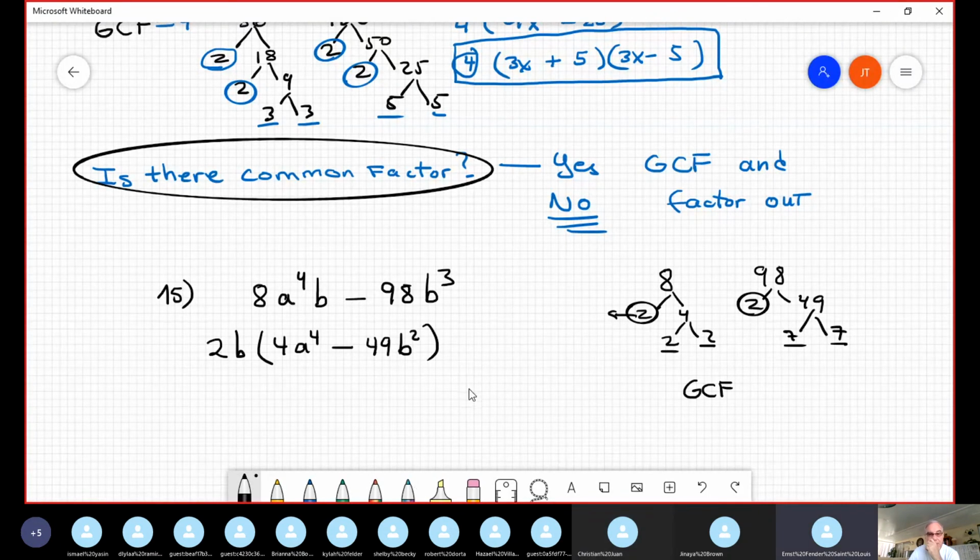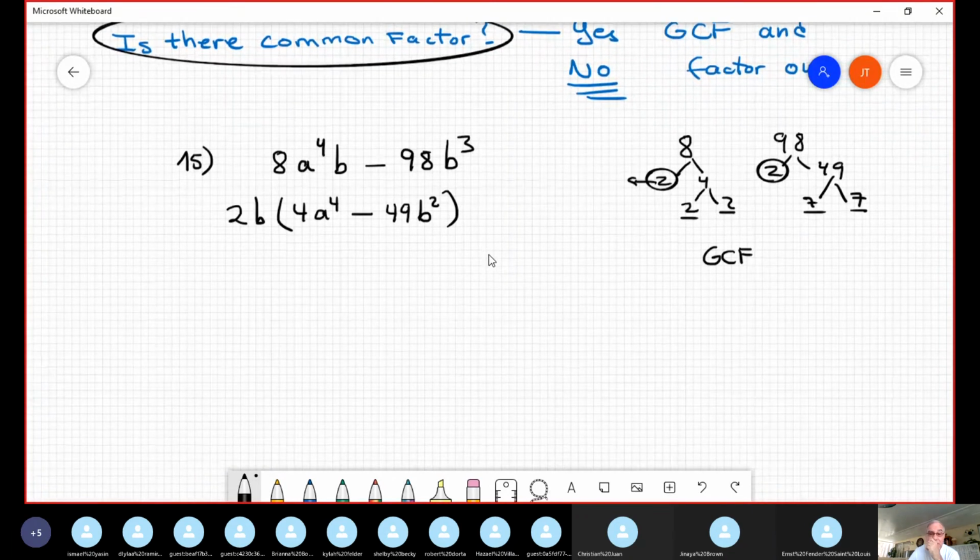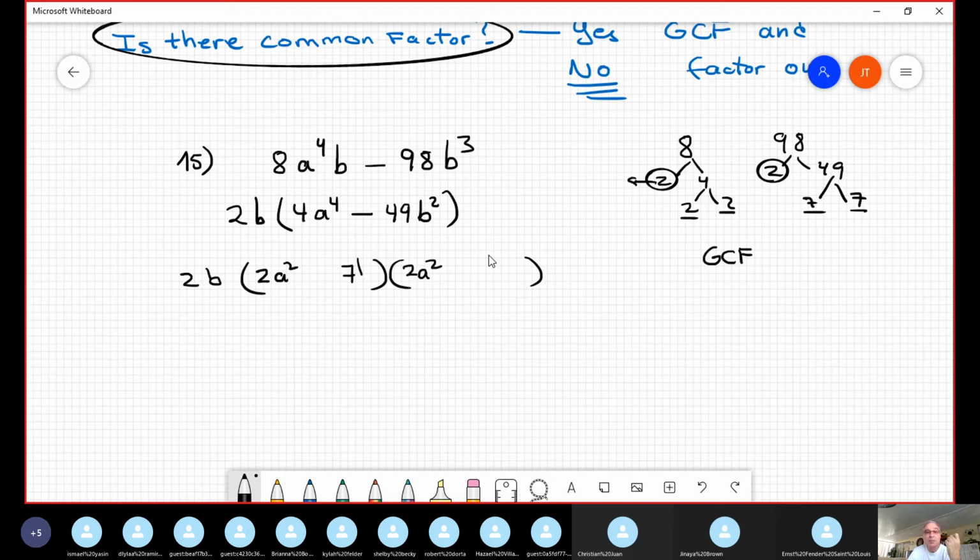The only thing that we're doing is GCF. Now we are ready to apply the difference of squares to this binomial, because I can see 4 and 49 are perfect squares and the exponents are even numbers. This is a classical difference of squares. Open two parentheses. The formula: the square root of this is 2a squared, and the square root of this is 7b, plus or minus.